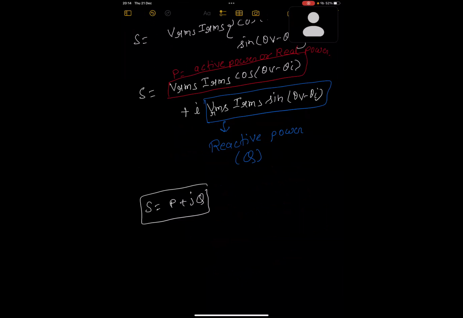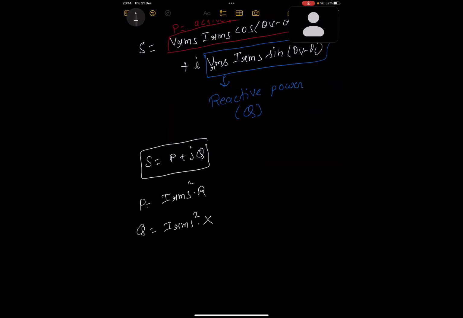Always remember, this one is your complex power, and P is, you can say, IRMS square into R, and Q is IRMS square into X. X is your reactance. X can be XL or XC. What is XL and what is XC? XL is omega L, that is inductive reactance.